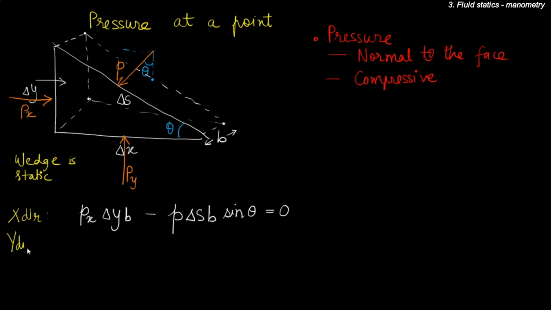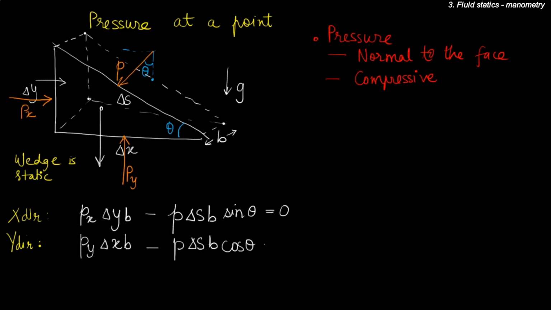In the y direction balance, we will have py times the area over which py acts, which is delta x times b, which is this base area, minus, so the force due to this pressure acts in the negative y direction, so that will be p delta s b, but now the cos component of this particular force. And apart from this, we have the gravity of the fluid element acting downwards, because we assume that g is acting in this direction.